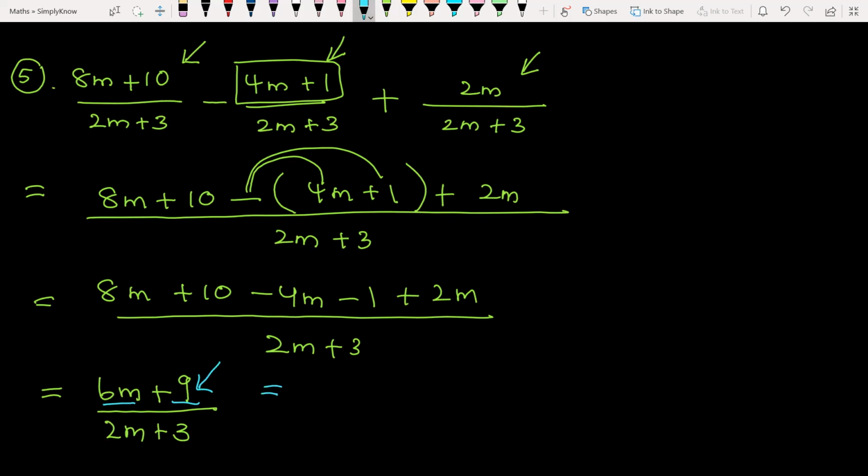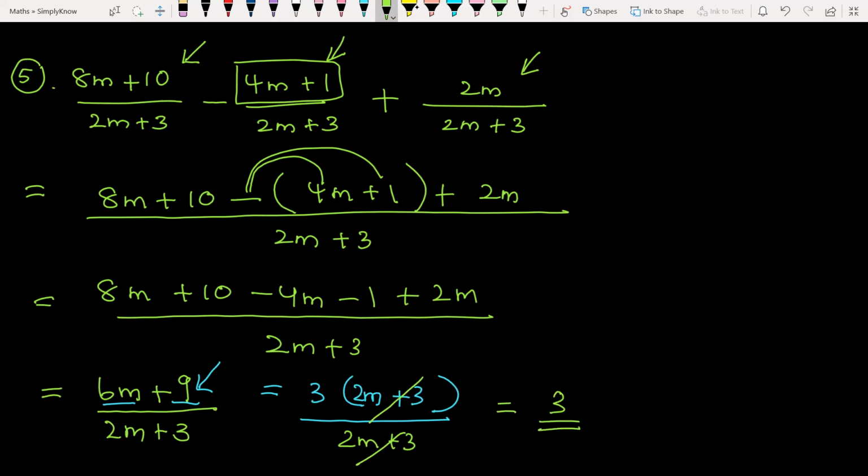So we are going to take out that highest common factor. Then write the rest within the brackets. 6m divided by 3 is 2m. Then plus 9 divided by 3 is plus 3. And below we have our denominator 2m plus 3. Now here again, similar to the previous one, we can cancel out these two and our answer becomes 3.